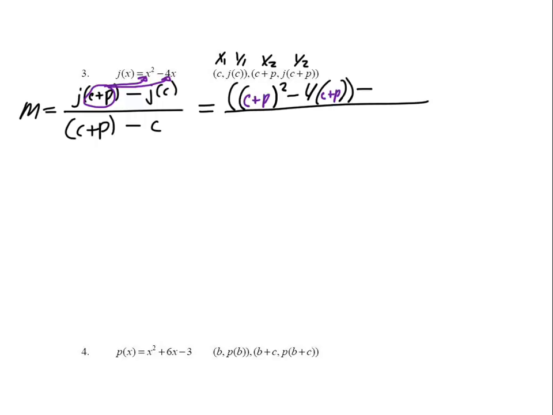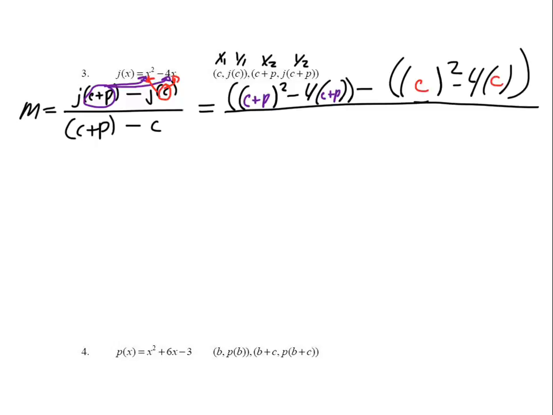Okay, so minus j of c. So for j of c, let's take that c, plug it in for an x. So I have x squared minus 4x, and I just put c. So what happened?